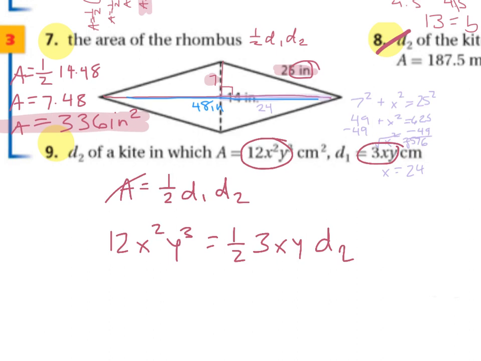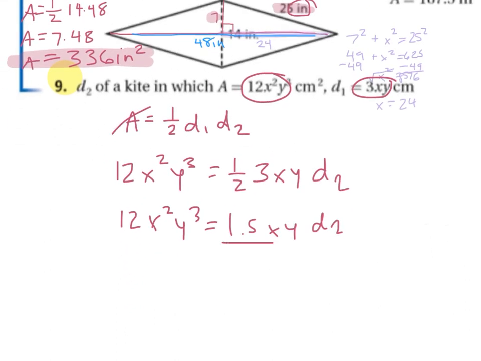So our goal here is to get it to be D2 equals. So we can multiply these two first, which gives us 1.5. So we have 12x squared y cubed is equal to 1.5xy D2. And we're going to divide by 1.5xy to get it to the other side.